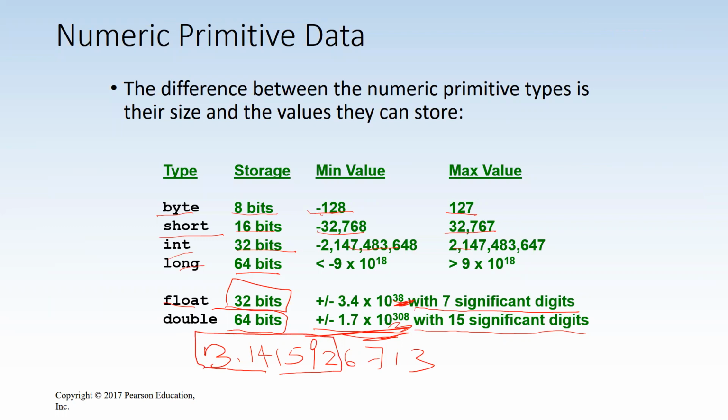Is that kind of like the difference between a cheap calculator and an expensive scientific calculator? And this doesn't matter anymore, these digits. But if it's a double, then it will matter.